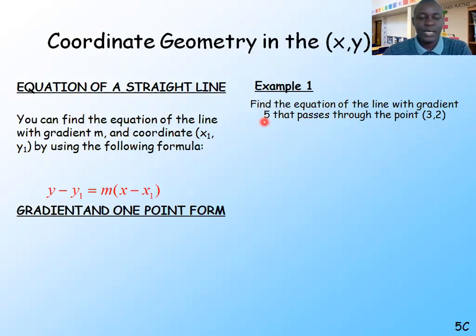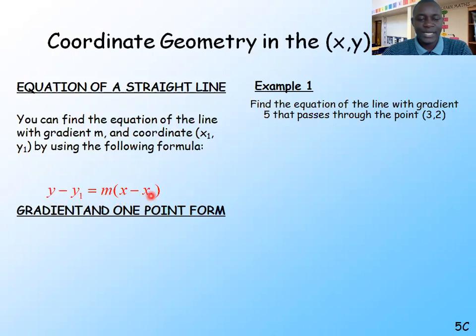Now, we have written here a formula that we are going to be using to do that. And the formula is y minus y1 equals m times bracket x minus x1. The y and the x here represent the y and x that remain in our equation, which we end up with.